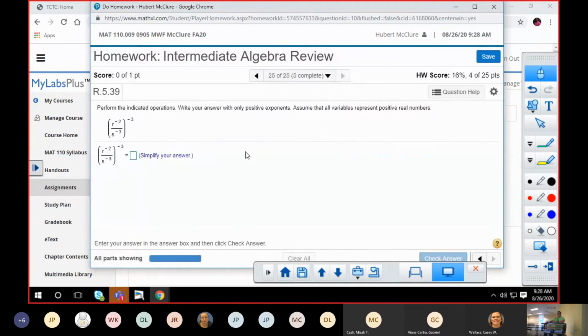And 25. Now this one you can do several different ways. You can actually flip these two and make this a positive. I wouldn't do that. I would go ahead and distribute the negative and make both of these positive. That's what I would do. And that's going to be R to the 6th power.